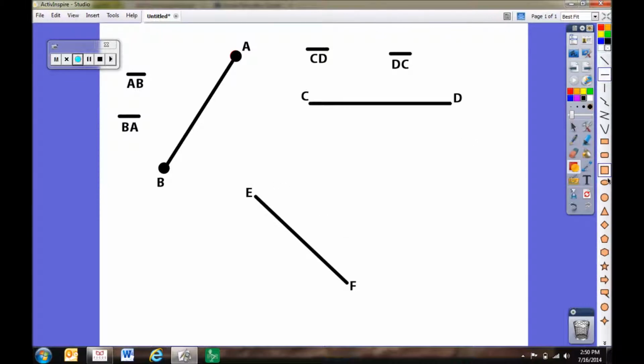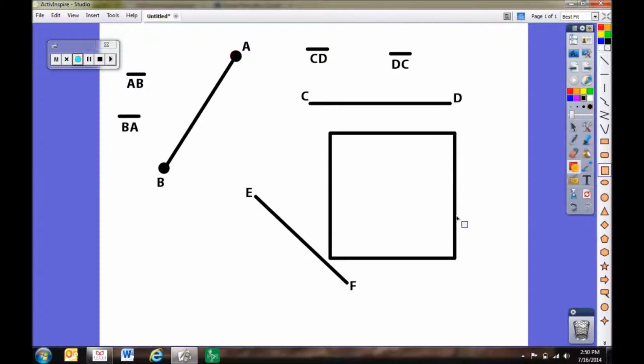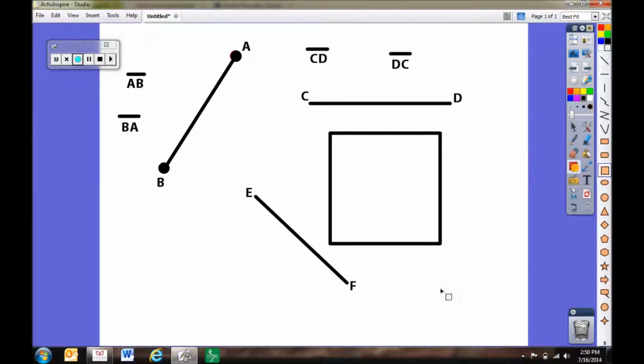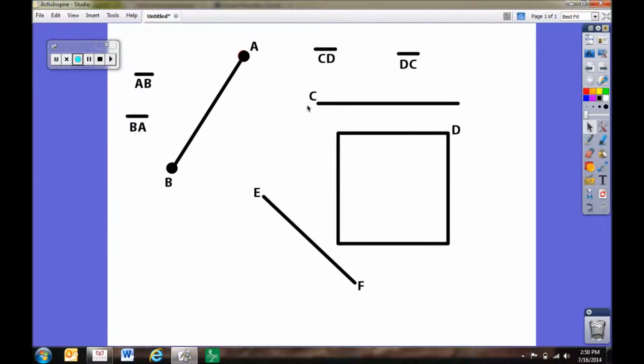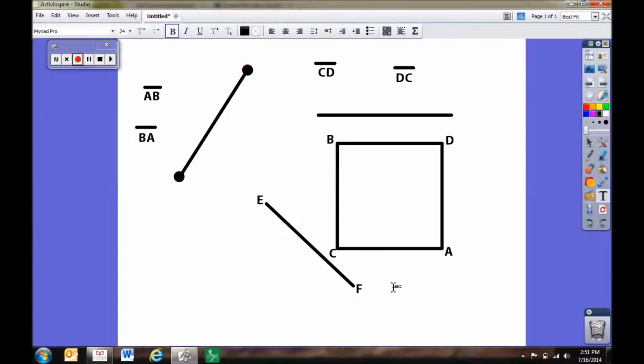And where we're going with this, just to give you an idea, is something like that. If I were to put this here, here, here, and here, would you be able to know what I was talking about if I were to say line segment DA?